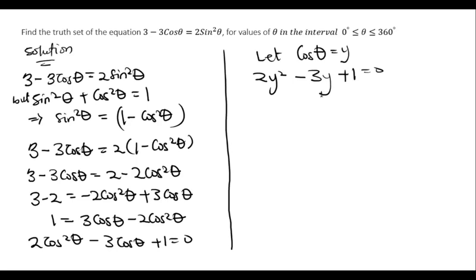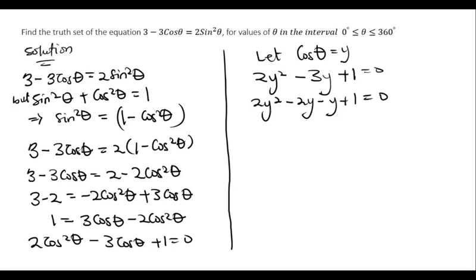So we have the coefficient of the y squared term is 2. We multiply it by 1, which is still 2, so which two values when we add or subtract give us negative 3? So we have 2y squared minus 2y minus y plus 1 is equal to 0.